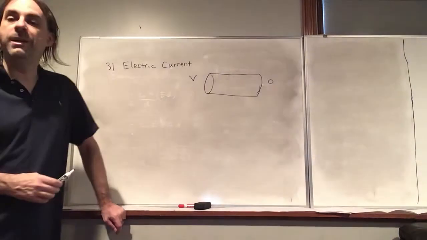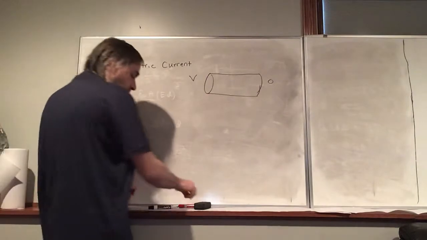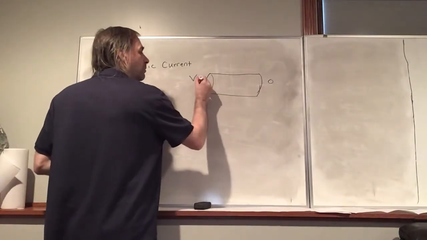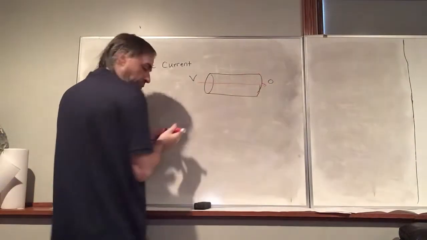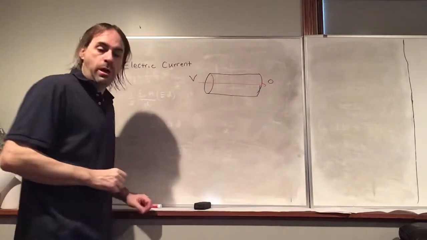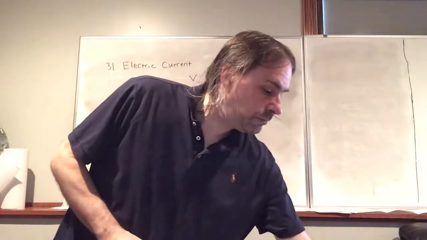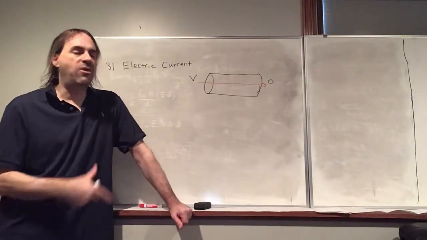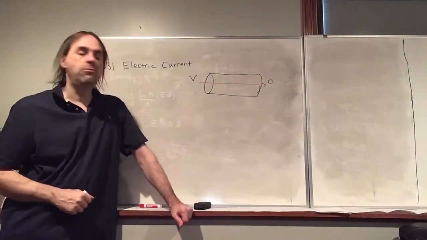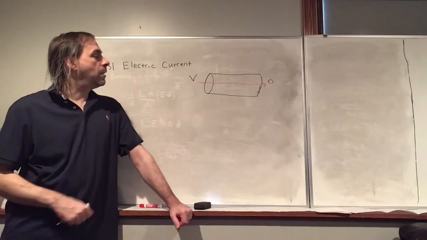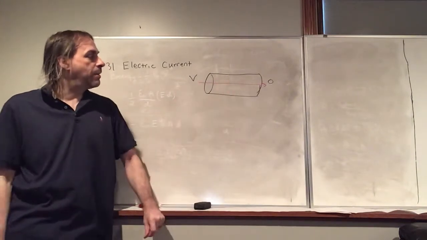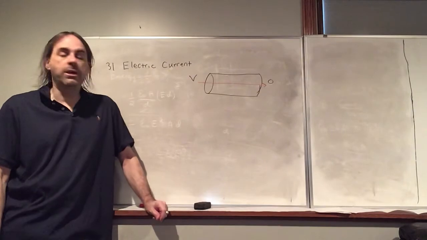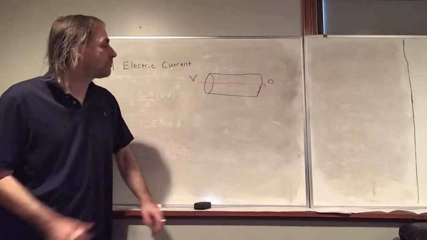And we know that there's going to be an electric field going from high potential to low potential. We've talked about conductors before, where they have a lot of free electrons that can easily move around. So what's going to happen is the electrons that are free to move are going to do so.